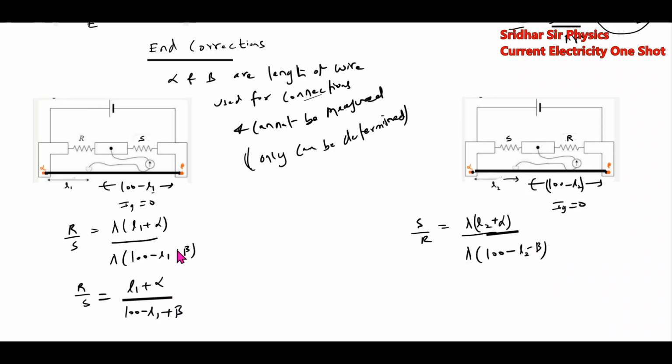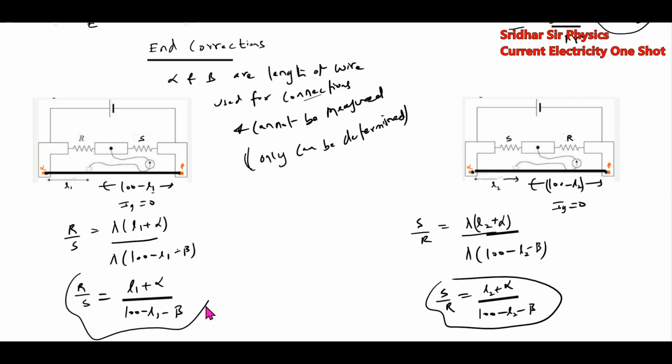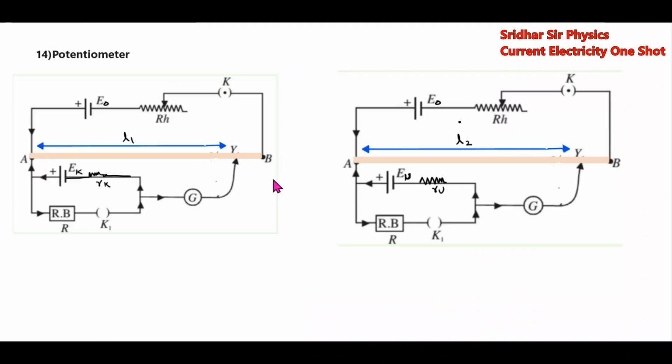Here I was missing the minus beta. Dividing, S by R is equal to this. Solving for alpha and beta: two equations, two unknowns, solve for that. Like this we can determine the end corrections.